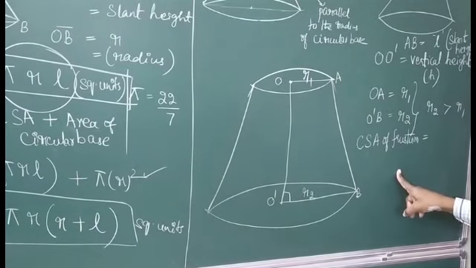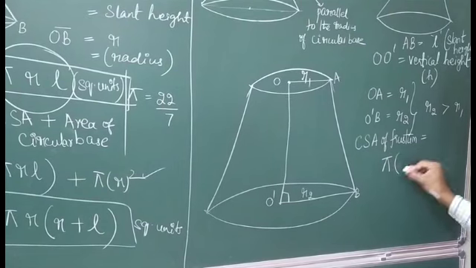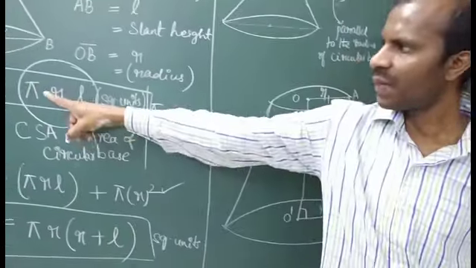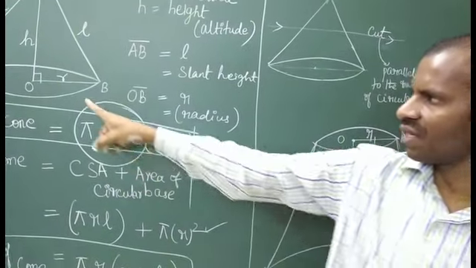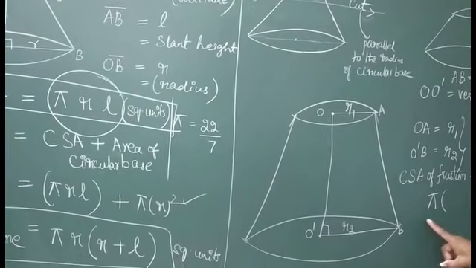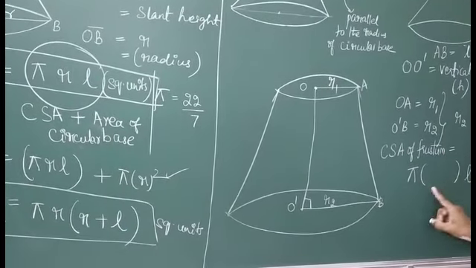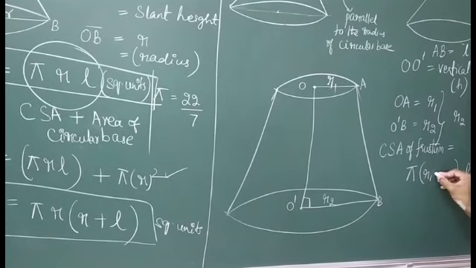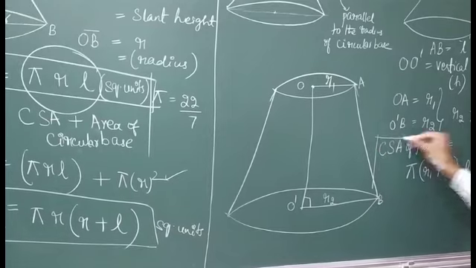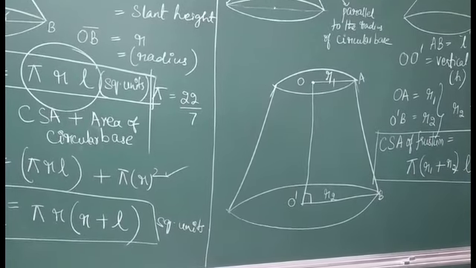See, we have curved surface area of the frustum, pi, followed it. See, here we had pi RL. We have only one radius here, but since we have two radius R1 and R2, the formula remains the same, pi RL. But since in this place I will write R1 plus R2. So this is the way to remember the curved surface area of the frustum of the cone. Followed it.